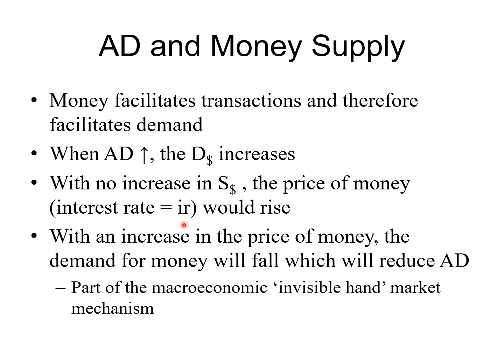Just like with anything else, if demand goes up and supply stays the same, the price is going to increase. Well, the price of money is the interest rate. And so if you have this increase in aggregate demand with a commensurate increase in the demand for money and no increase in the supply of money, interest rates will rise.